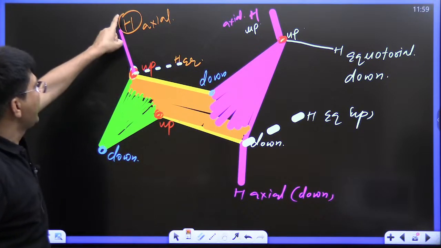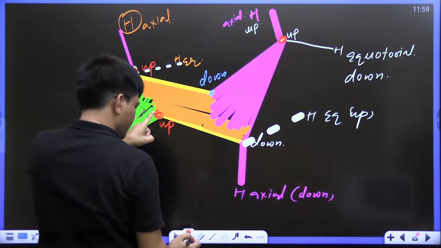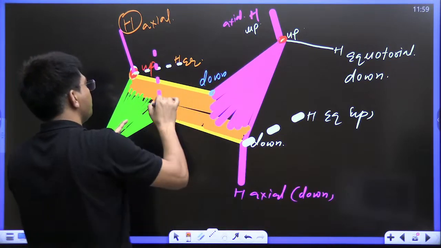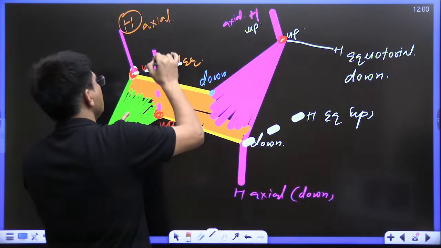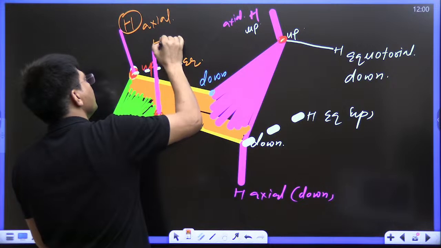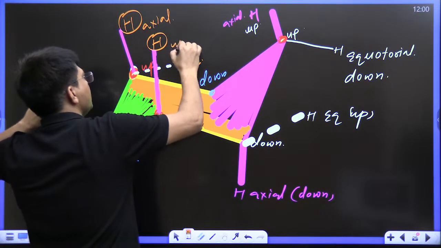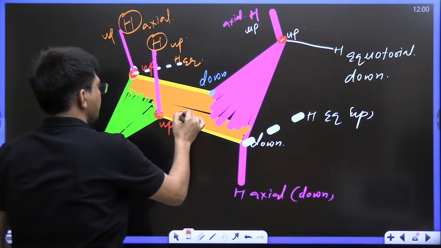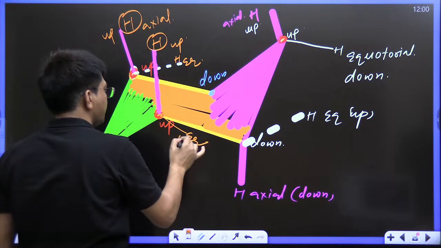Same like this hydrogen, there will be one more hydrogen, because this is also up, its hydrogen will also be going up. Some students must have started feeling pain if they are not able to understand. This hydrogen is going up, this is up, this is up. Now its equatorial must be going down. Let me draw, equatorial hydrogen must be going down.